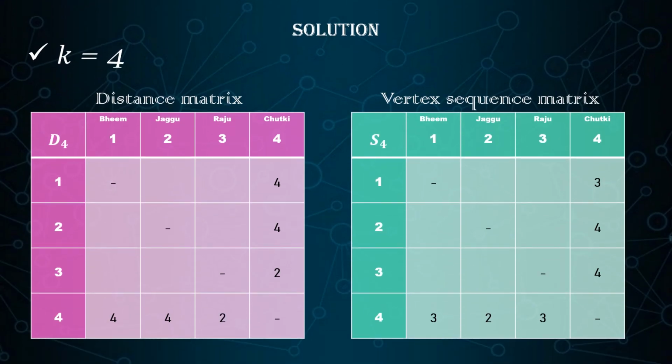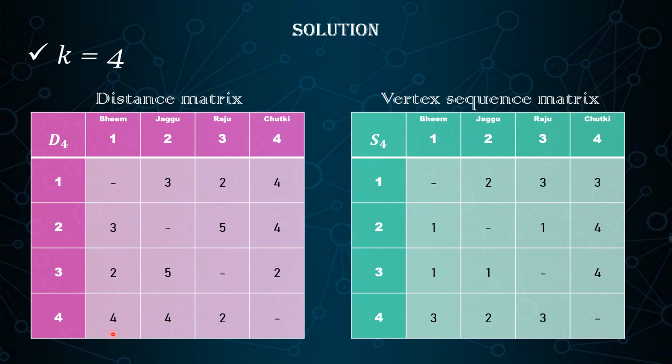Now we shall compute our last iteration, that is k is equal to 4, by keeping the fourth row and fourth column fixed, and computing the rest of the values. The solution we are looking for is this matrix, that is the D4 matrix and the vertex sequence matrix S4.